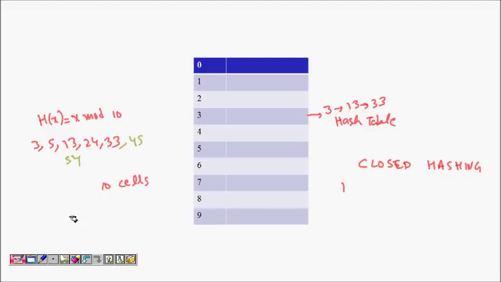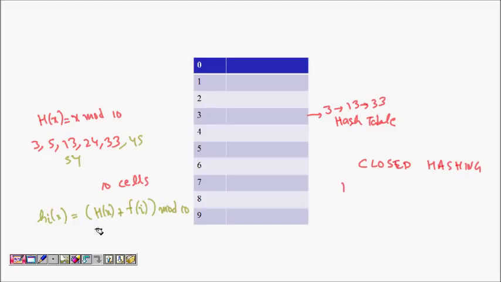When I insert 3, I will have a hash function hi of x equal to h of x plus f of i, mod table size, which is 10. And h of x was also x mod 10.